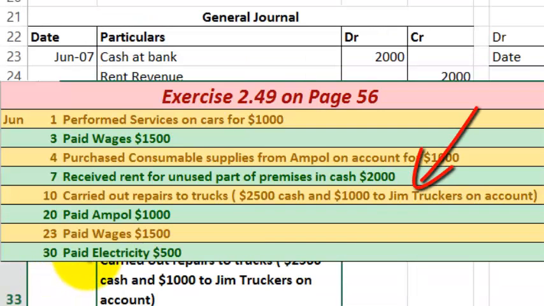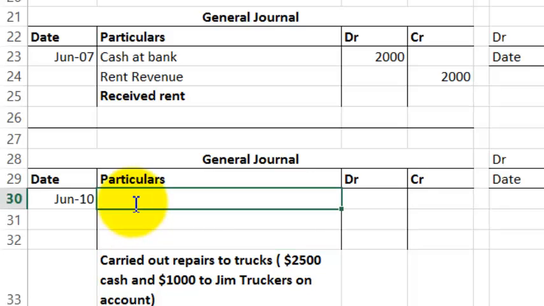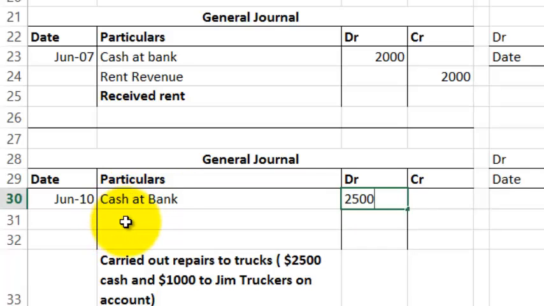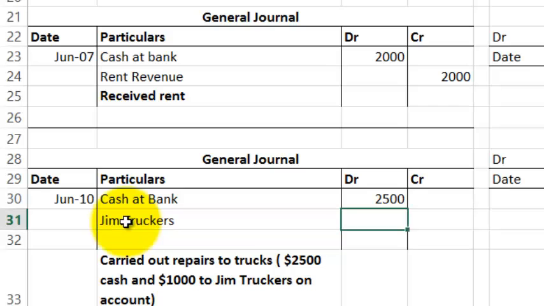On June the 10th, we carried out some work, but there's a complicating factor here, is that we did some cash work, and we did some work for Jim Truckers. So let's just deal with the cash first. We received $2,500 worth. That's $2,500. Now, Jim Truckers, we did some work for this guy, and he still owes us some money, $1,000 in fact.